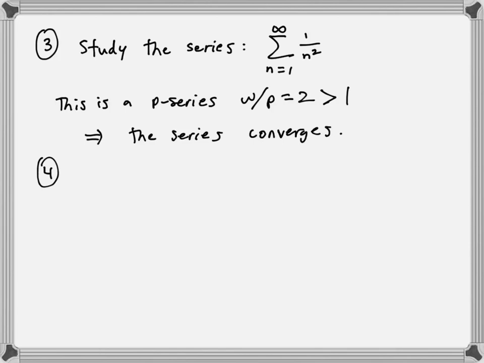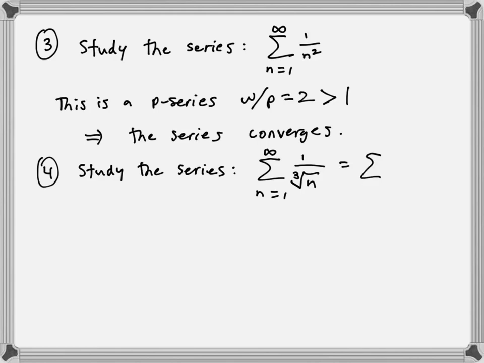Let's do another one. Study the series. We're adding from n equals 1 to infinity of 1 over the cube root of n. Now notice that this series is the same as 1 over n to the 1/3.